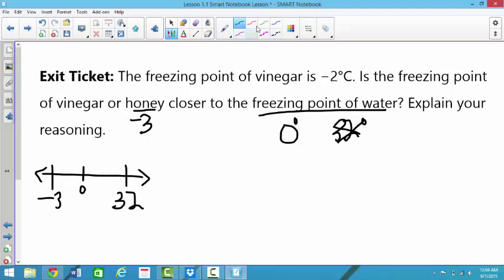Okay, so you have to go from here to here, which is 3. Then you have to go from here to here, which is 32. So 32 plus 3 is 35. Okay, that's honey.